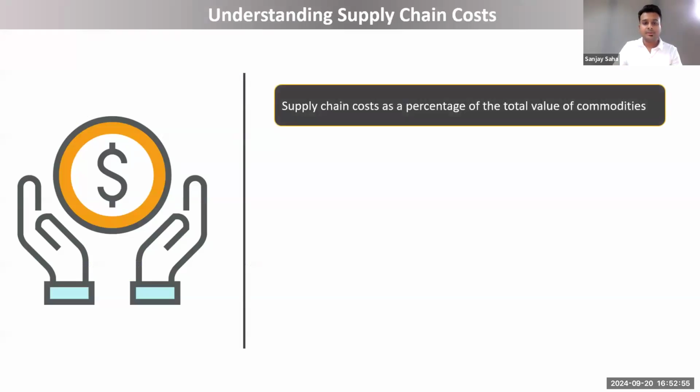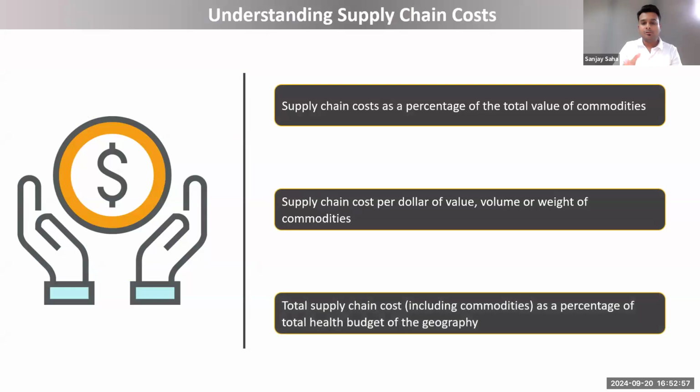Which means more or less knowing these things. Supply chain costs as a percentage of the total value of commodities or product. So, for example, let's say the state of Gombe or River State, hypothetically they procure $1 million of medical products every year.